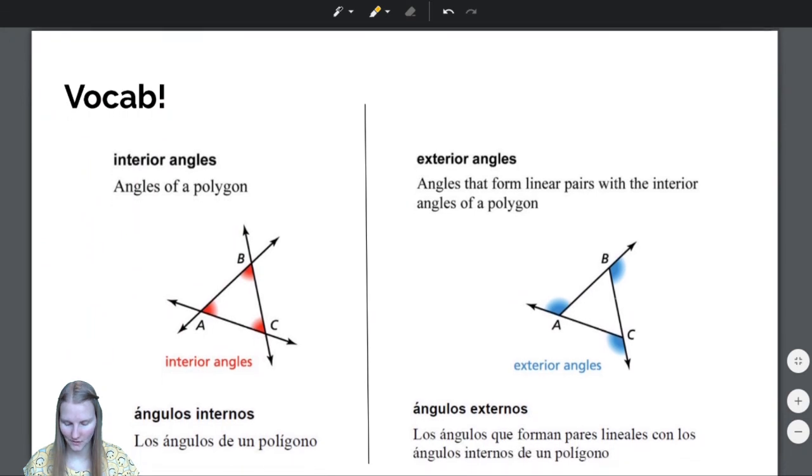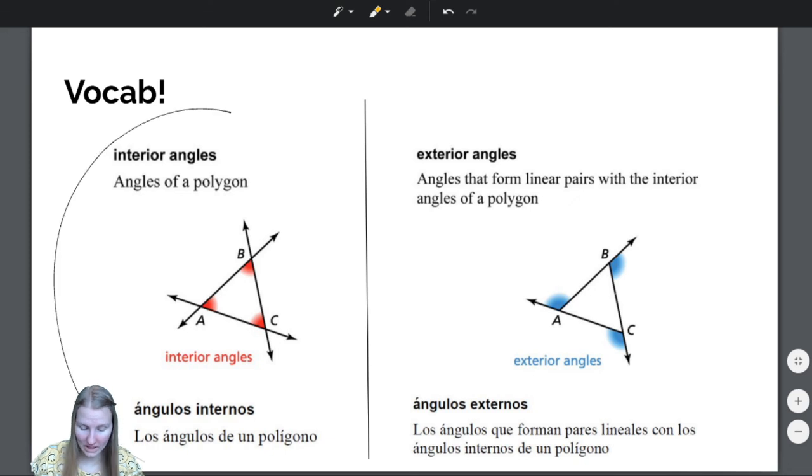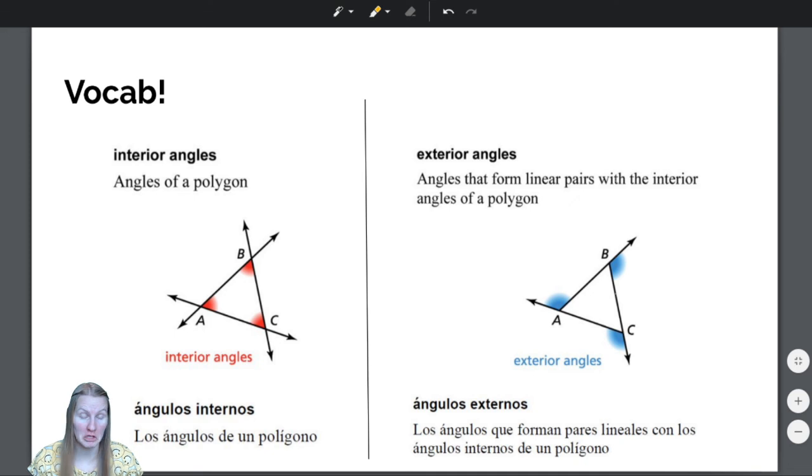Now, this is fairly self-explanatory, but I wanted to make sure that we were on the same page about interior angles versus exterior angles. Now, we are only going to talk about interior angles in this video, but we're going to talk about exterior angles in a future video. So I wanted you to see them side by side so that you could see interior angles are the angles inside a polygon, right?